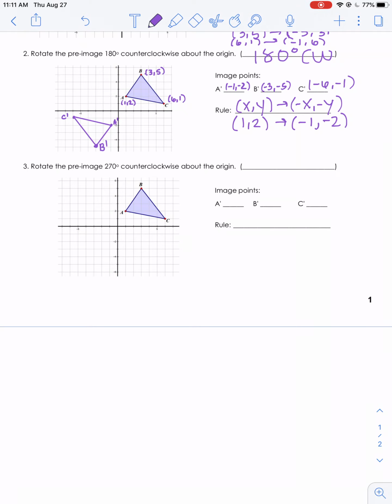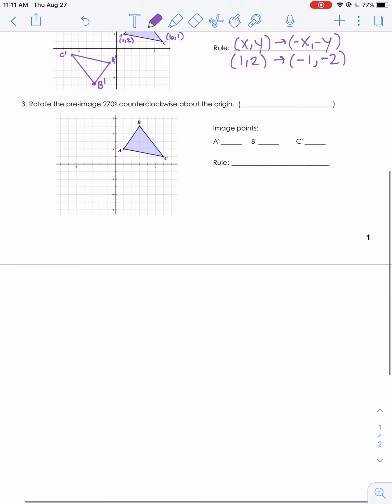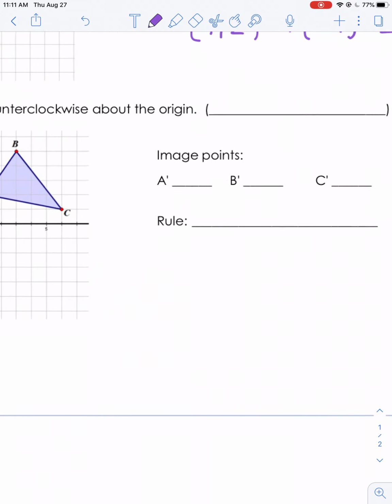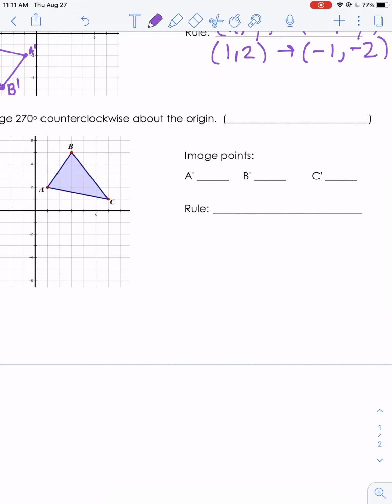All right, so let's go ahead and look at 3, which is to rotate 270 degrees counterclockwise. 270 counterclockwise is the same as rotating 90 degrees clockwise. The rule for this rotation is that our pre-image (x, y) becomes (y, negative x).